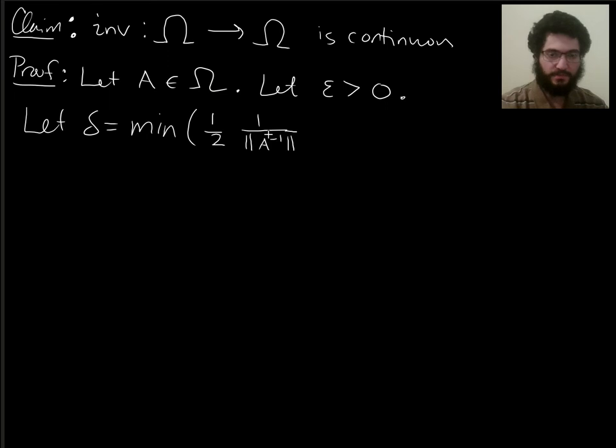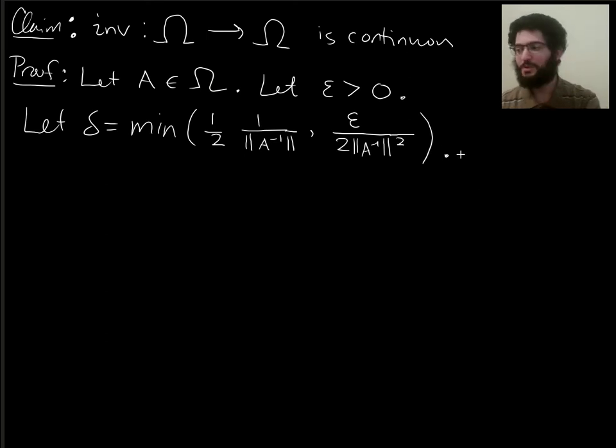A is definitely invertible, it's in this set of invertible linear maps, and I'm not dividing by 0. The norm of a linear map can only be 0 if the linear map itself is 0. And the second number is epsilon over 2 norm A inverse squared. Just accept that, and as we go along, you'll see where they came from.